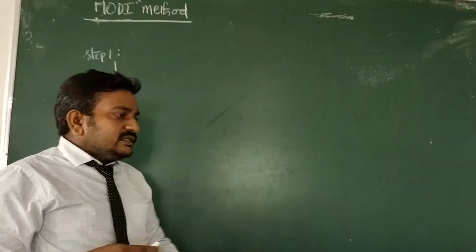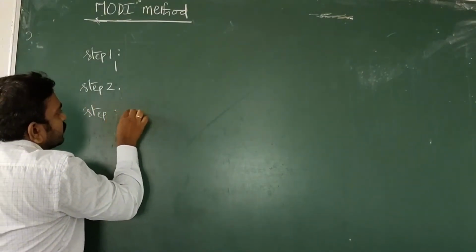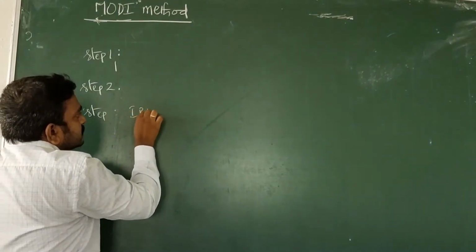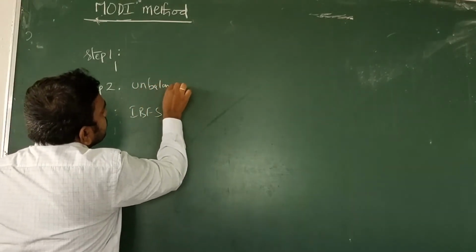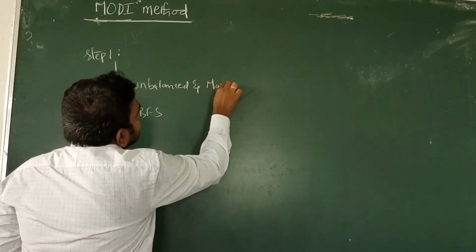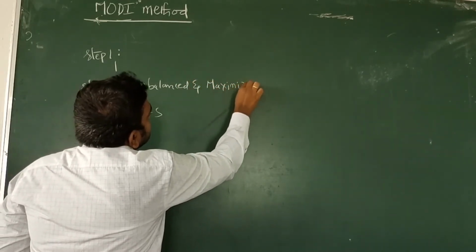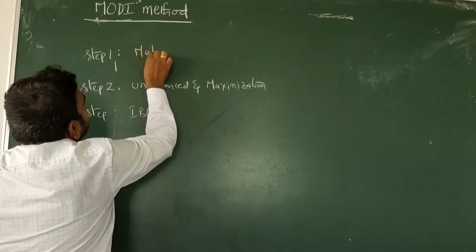After this, in step 3, find out the IBFS. This is an unbalanced and maximization case, in matrix form.